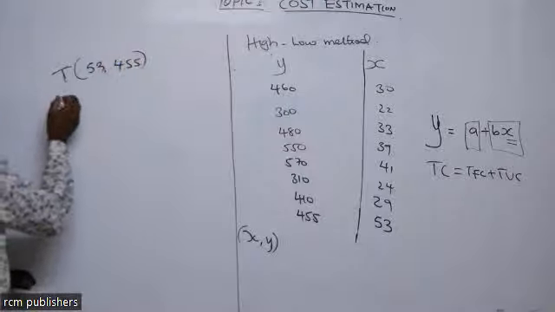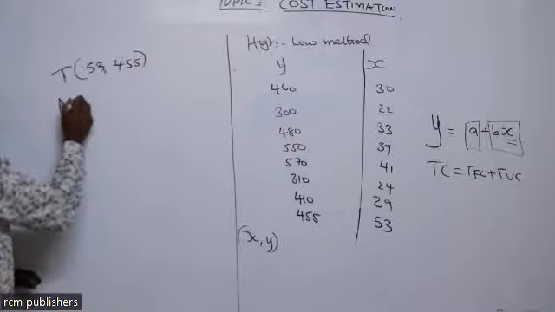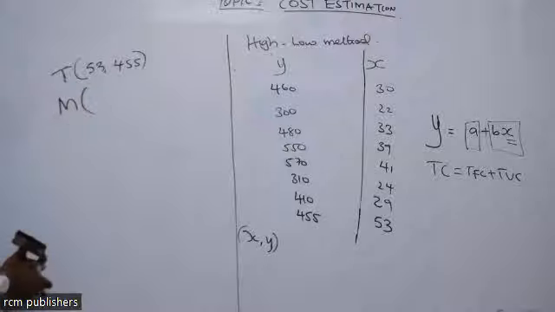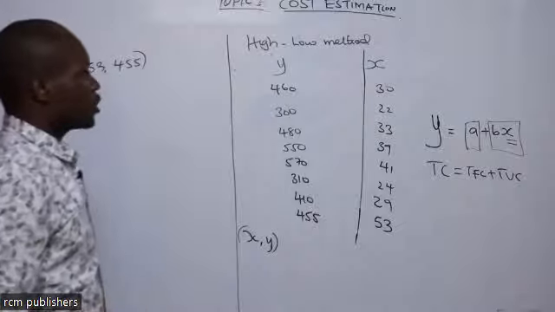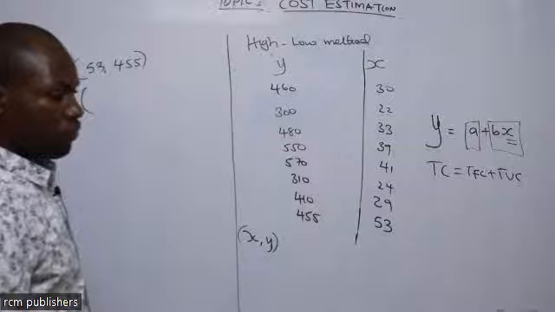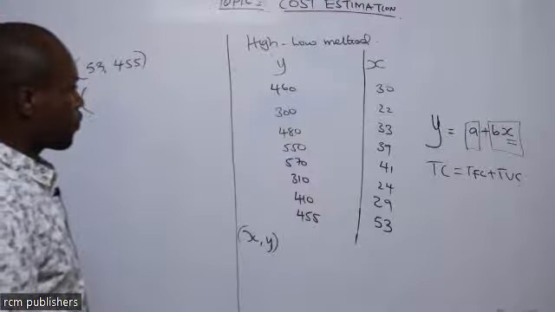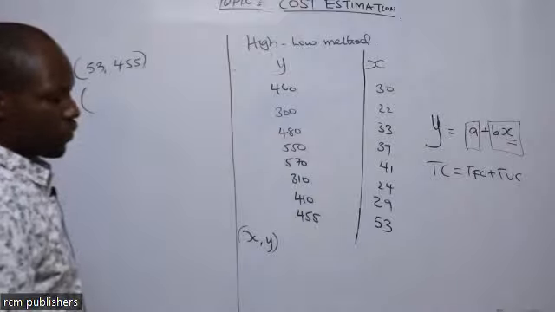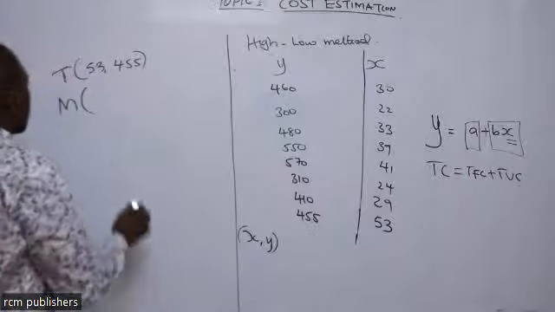Can someone give us the combination of the lowest value? $22, 300.